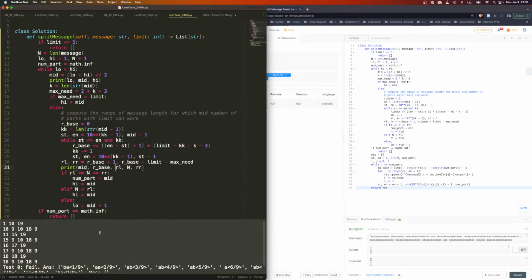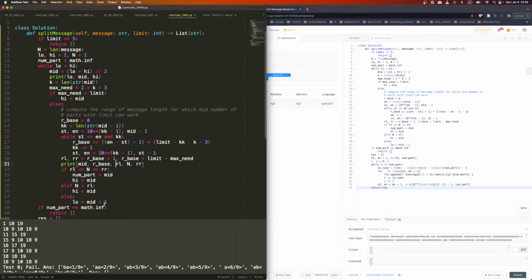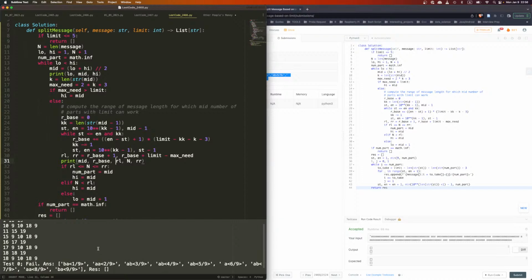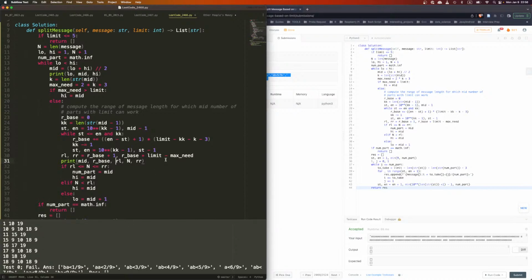Because 10 means the first 9 gets 9, and then the last one gets nothing. The last one gets nothing, right? So in this case, the last one gets nothing.